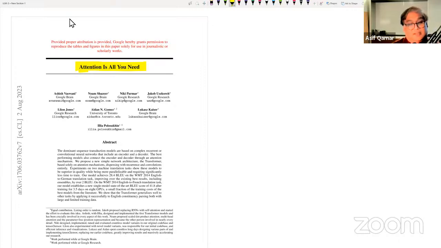And what they noticed remarkably is that if you throw away the RNN, not only did it do just as well, it actually did better. And that was a moment of epiphany because RNNs are inherently sequential. If you rewind back to 2017, computer vision was having really a great time.